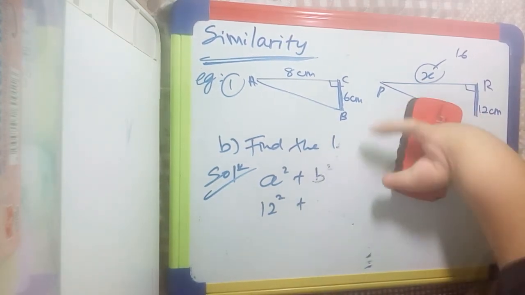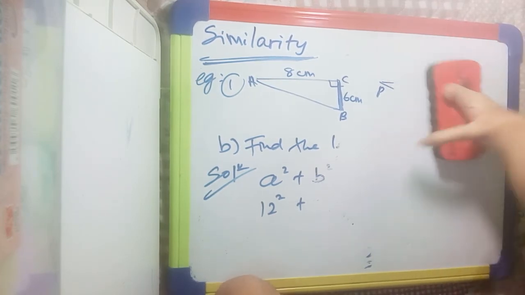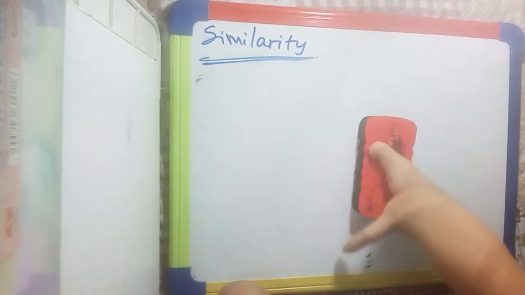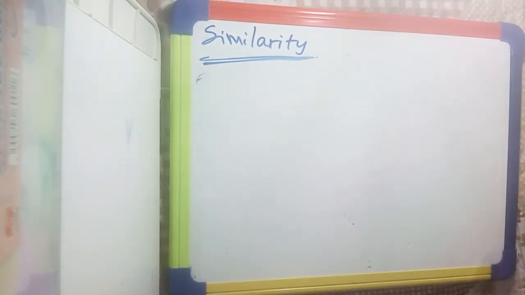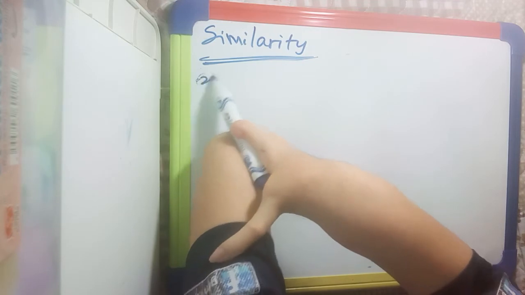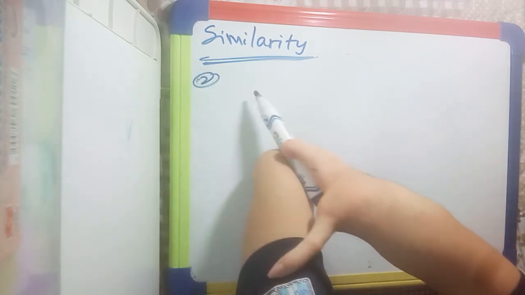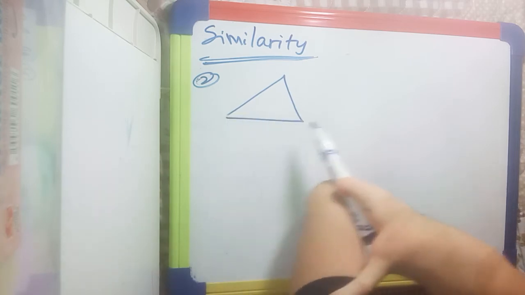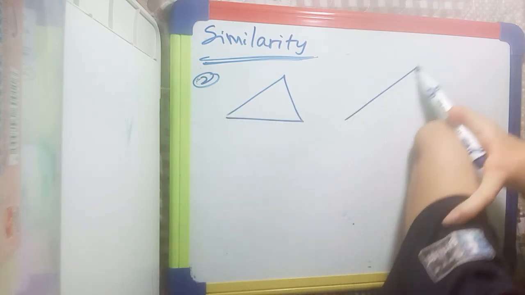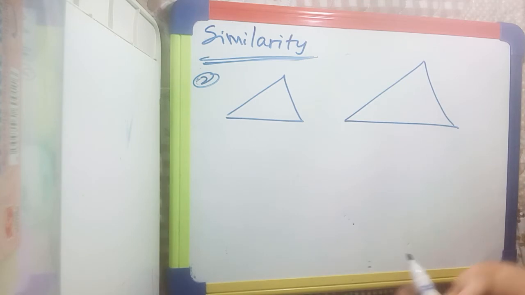Okay, another example. What if the question gives this thing? Small triangle, big triangle.